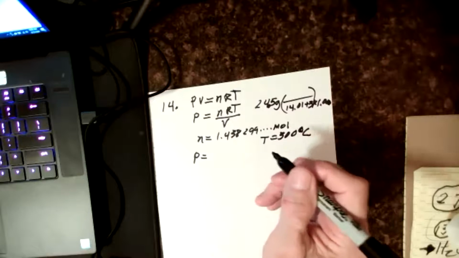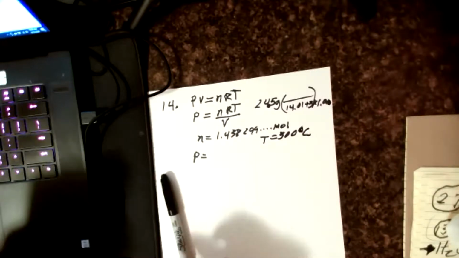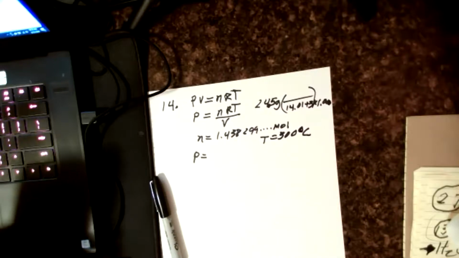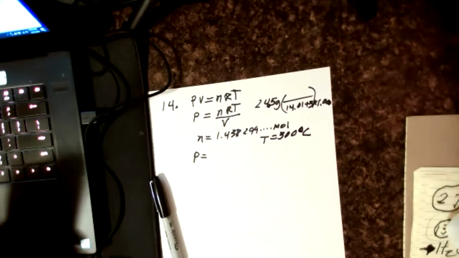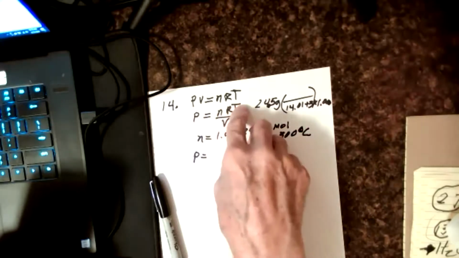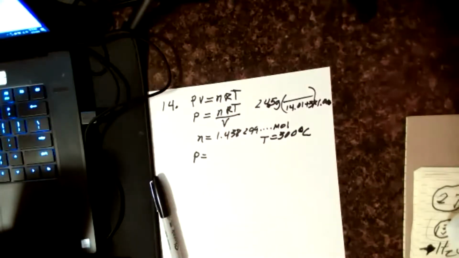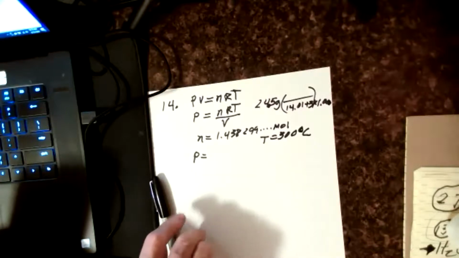Okay, so n I've got on my screen, times the R, which is 0.0821, times the temperature, which is 300 plus 273.15. That's nRT, divided by the volume, which is 2.15 liters.